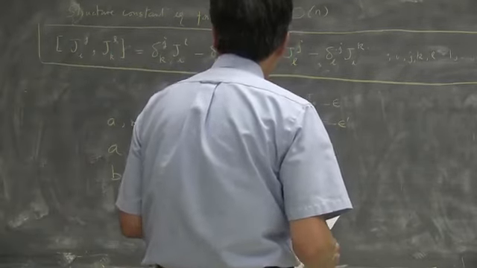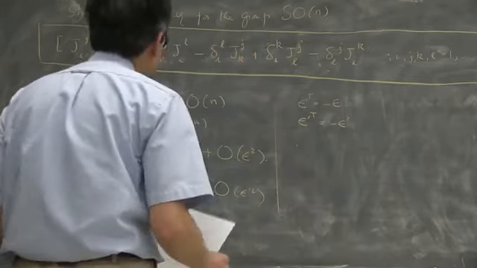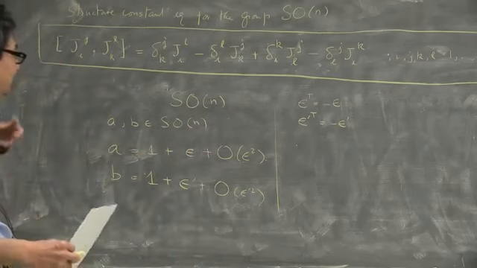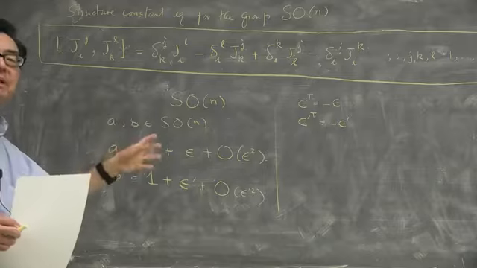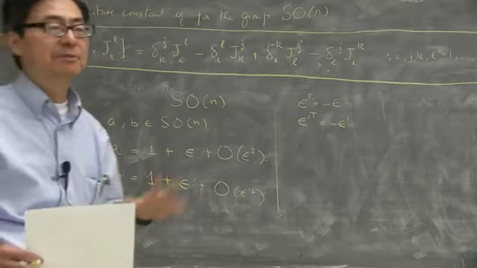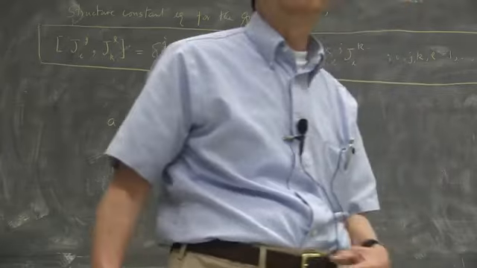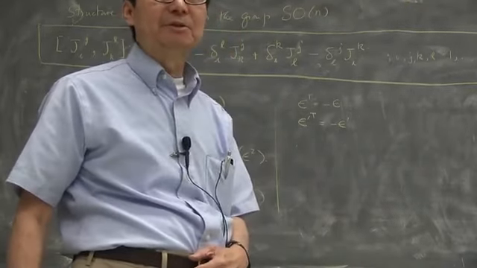Now let's say we pick a group homomorphism between SO(n) and a set of big N by big N unitary matrices. Well, actually, we don't even have to specify the unitarity property at this point. Let's say we pick some representation, okay?